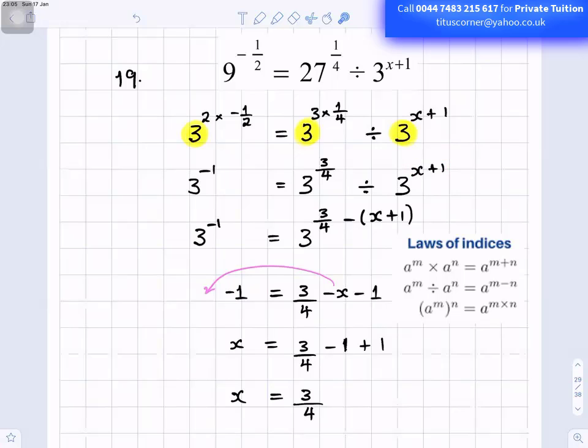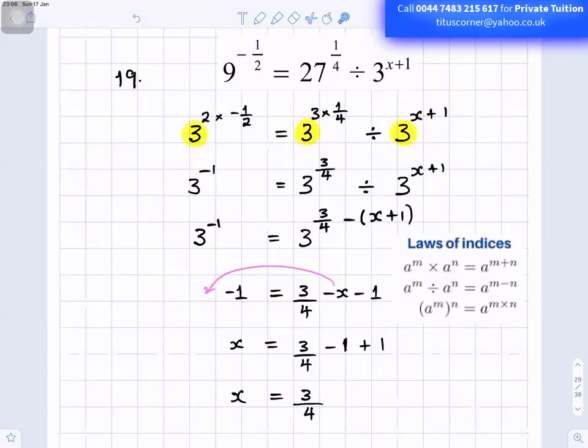If we remove the bracket, we are using this rule, number 2, this law of indices: when you divide, you subtract the powers. So we've got minus x minus 1. So it's 3 over 4 minus x minus 1.